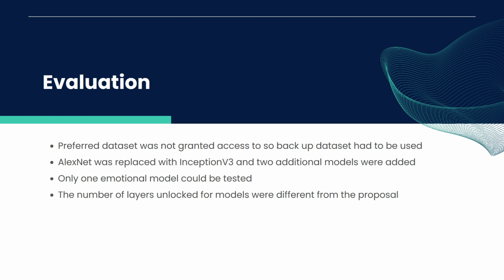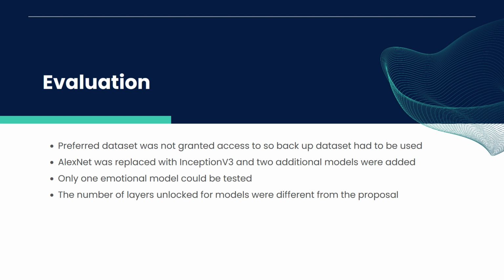In the proposal, I talked about two main models, which were Ekman's model of 7 basic emotions and the valence-arousal model. But the FER 2013 Plus dataset only contains labels for the 7 basic emotions, so the valence-arousal version of it could not be tested.